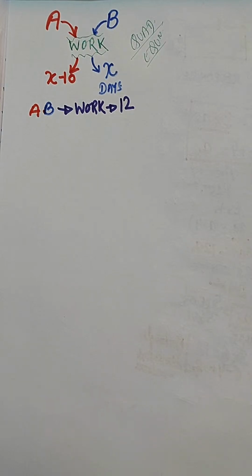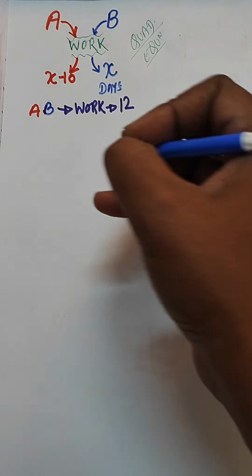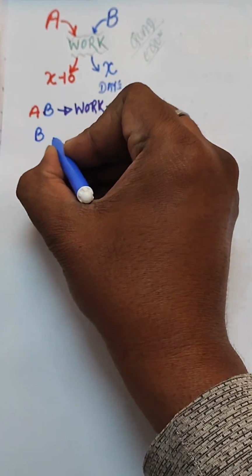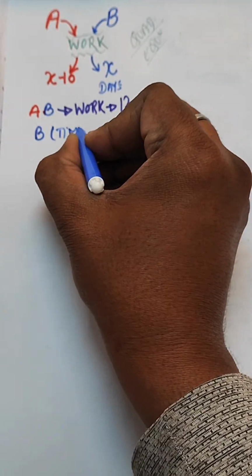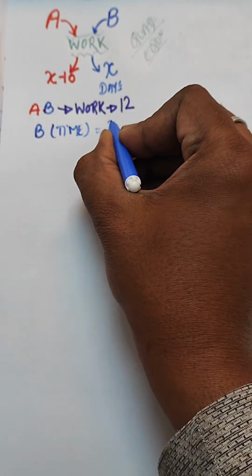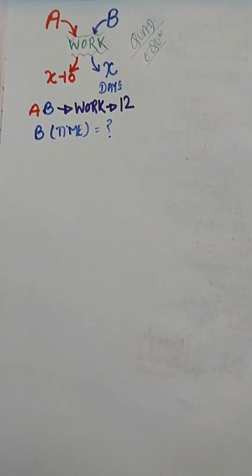My dear friends, to solve such a question, we need to find the time taken by B to finish the work. So what is the time taken by B to complete the same work?